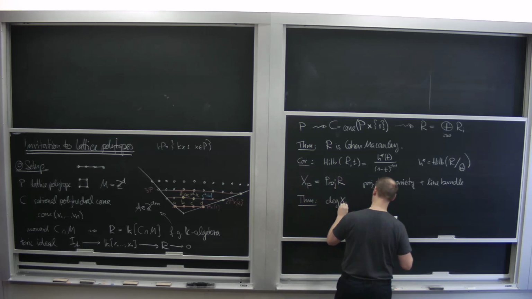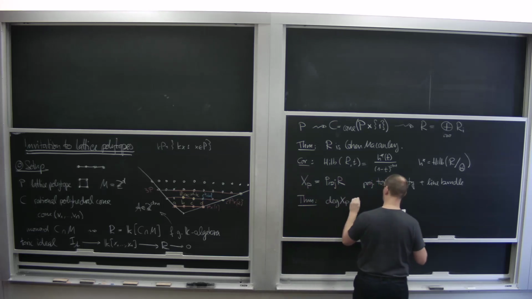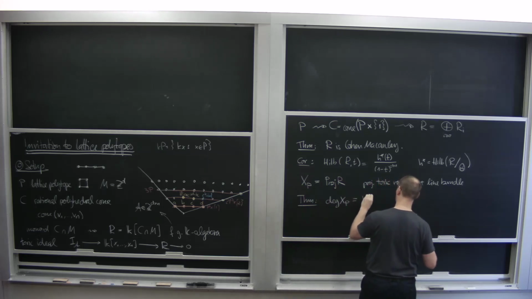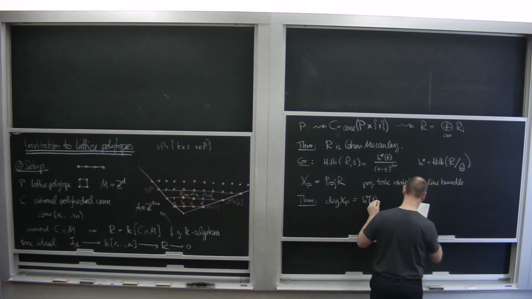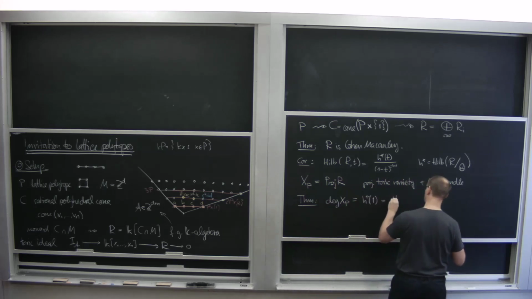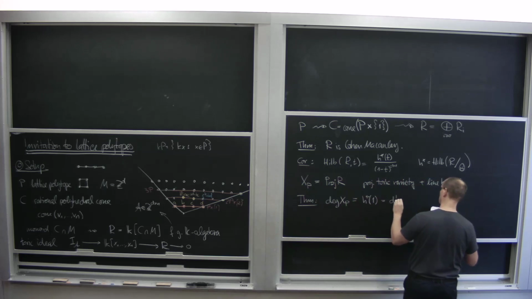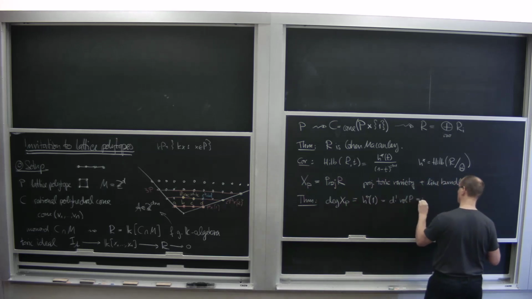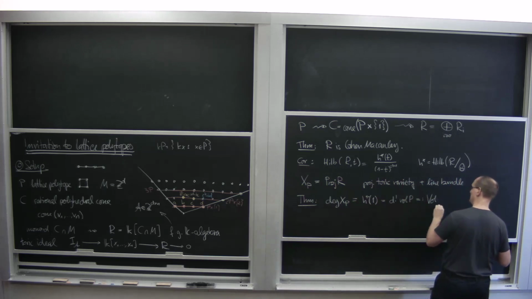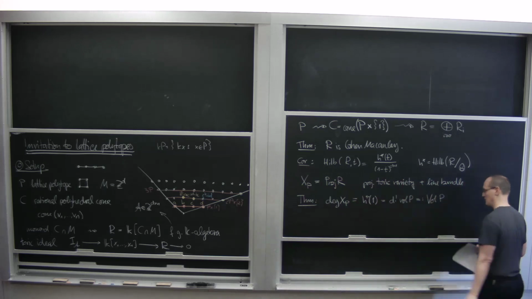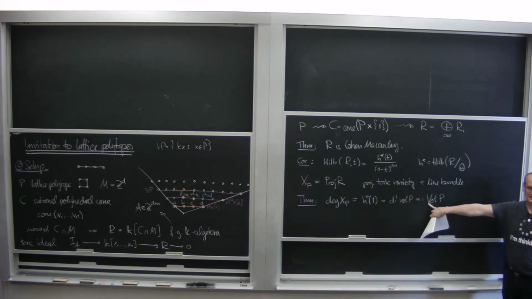The degree of this line bundle is h star valued at 1, of course, and that's d factorial times the volume of P. I will call this the normalized volume and indicate it by capital V. That's a much nicer volume because it's always an integer.